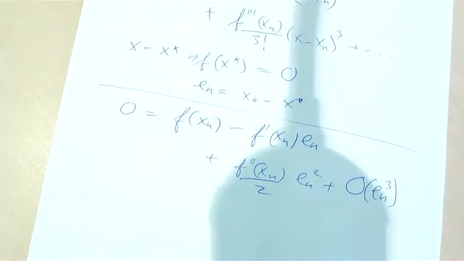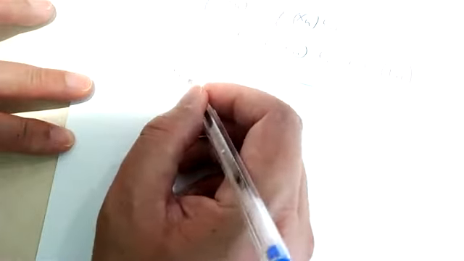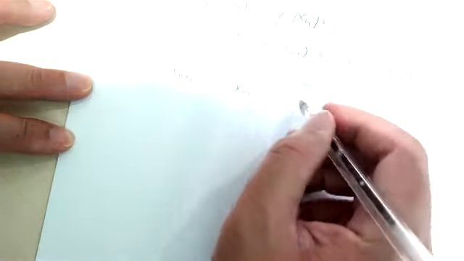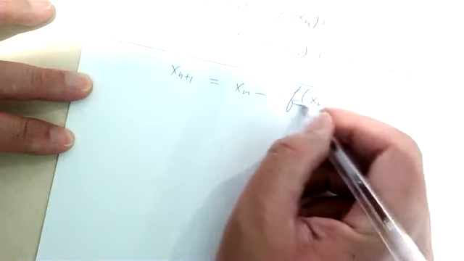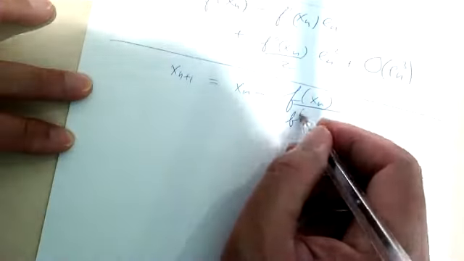And now we use the definition of the Newton method. So this is the first equation, so we got it. The second equation is, remember we got x_{n+1} equal x_n minus f of x_n over f prime x_n.